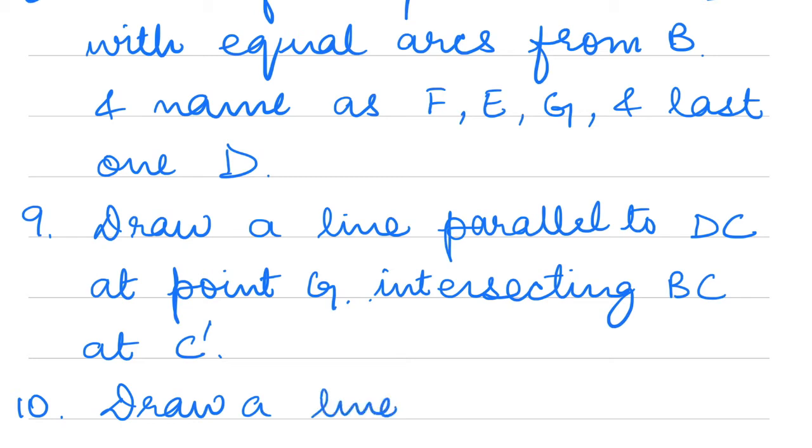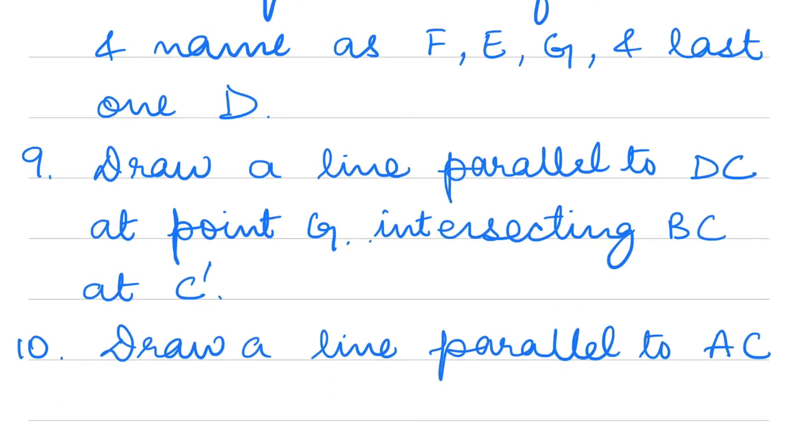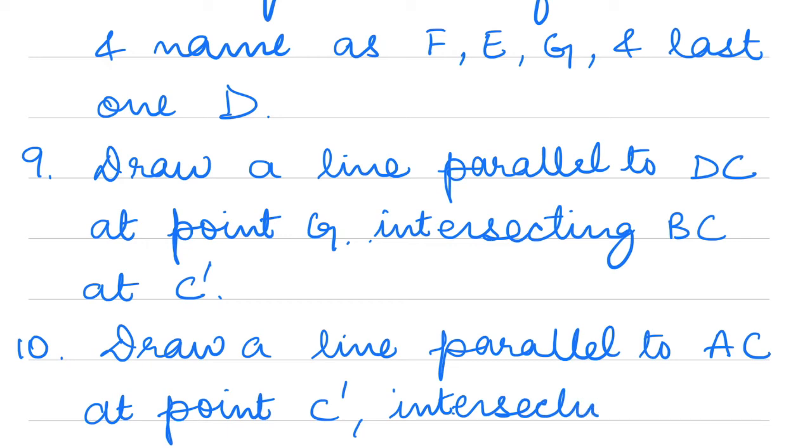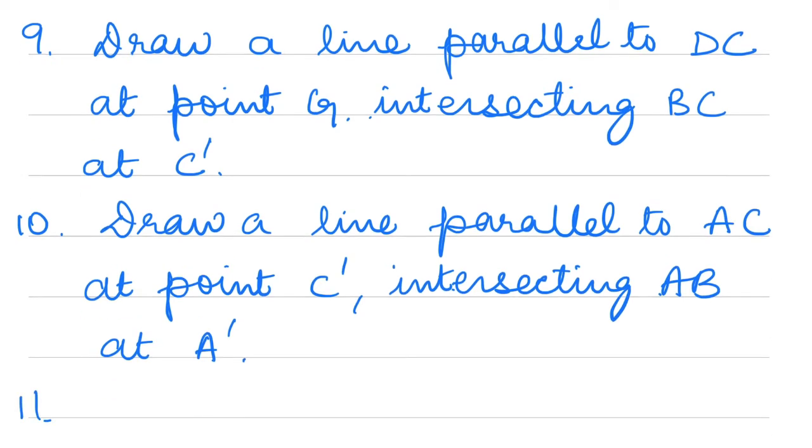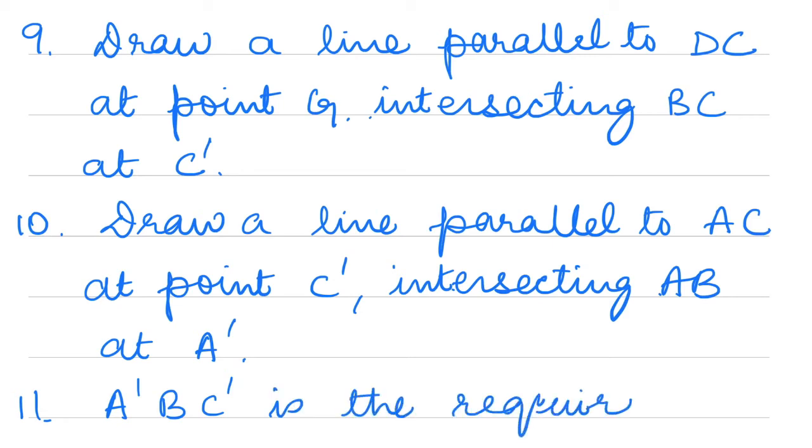Draw a line parallel to AC at point C dash, intersecting AB at A dash. Now we have got A dash B C dash is the required triangle.